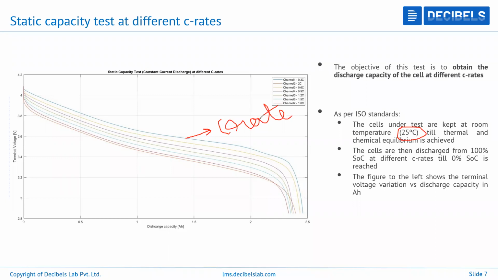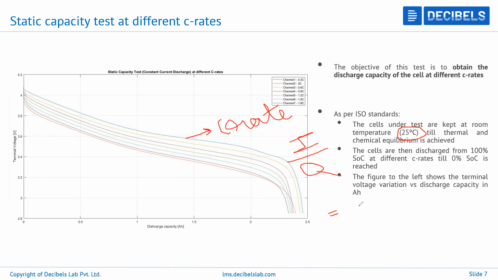C rate is nothing but the ratio between the amount of current drawn or supplied to the cell with respect to its capacity, which is given by Q. So this is a typical 2600 mAh cell. A current of 0.3 C would mean a current of 0.78 amps.